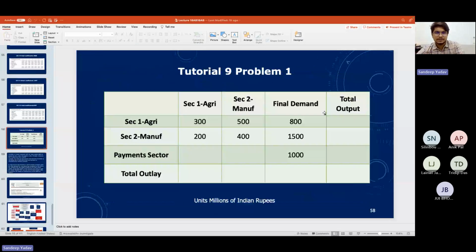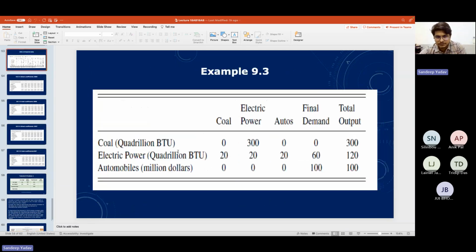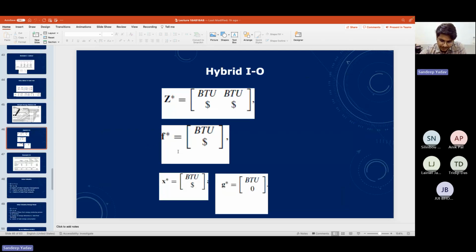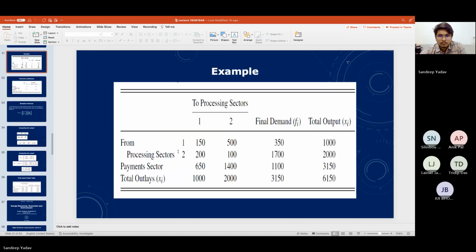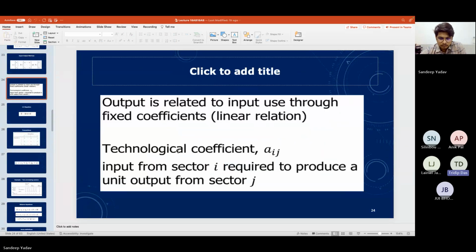The solution of these questions is explained in detail in, I think, lecture number 43, where this whole question is explained, and you will see how the technical coefficient is calculated. That's Zij upon xj, where Zij is the input from sector i to sector j, that is the inter-industry transaction. Yes. Okay, sir.